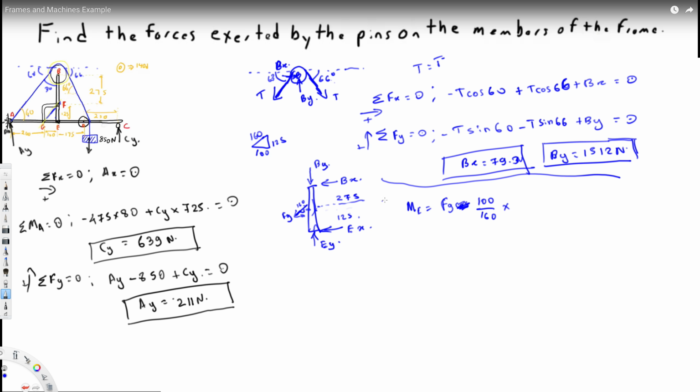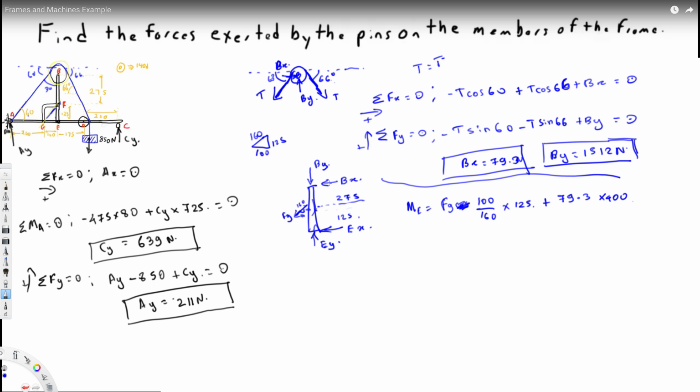So it's going to be positive 125. Then we have Bx pushing this object counterclockwise, therefore it's going to be positive, plus Bx, we know it's 79.3, pushing this object counterclockwise, and the height is 400.